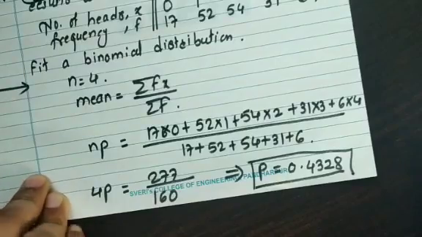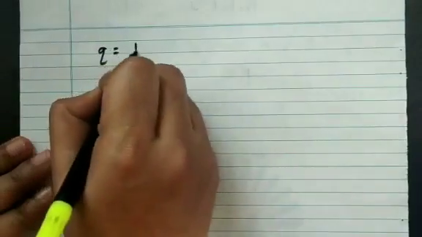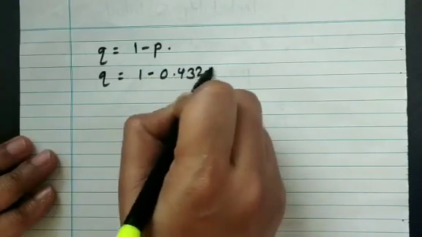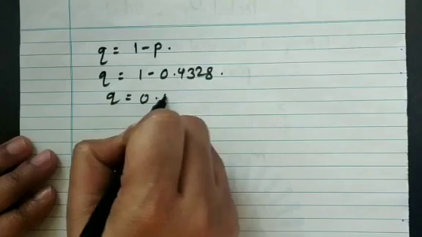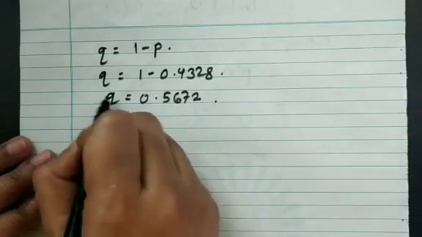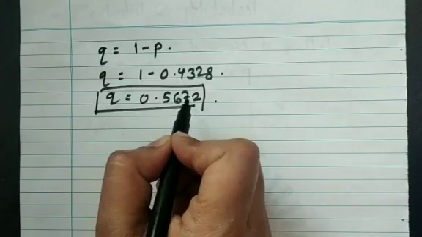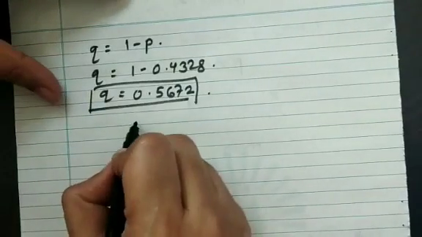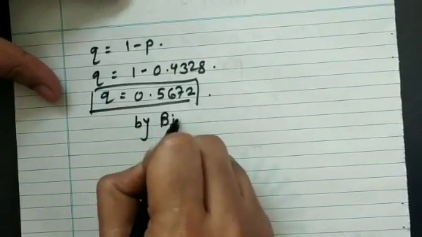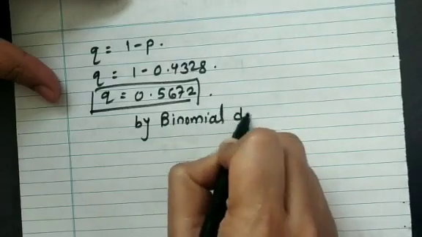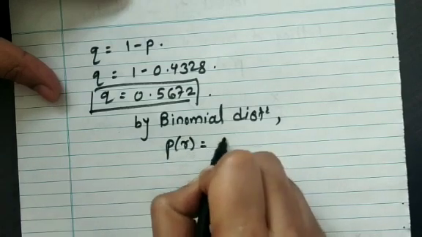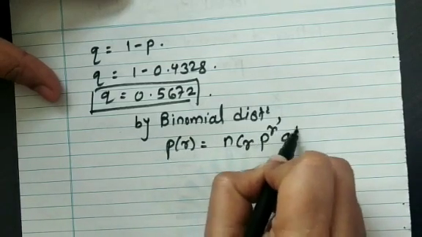If we have p, we can also find q. q is 1 minus p, that is 1 minus 0.4328, so q is 0.5672. We have p, q and n, and we need the binomial formula: probability of r is nCr p raised to r q raised to n minus r.